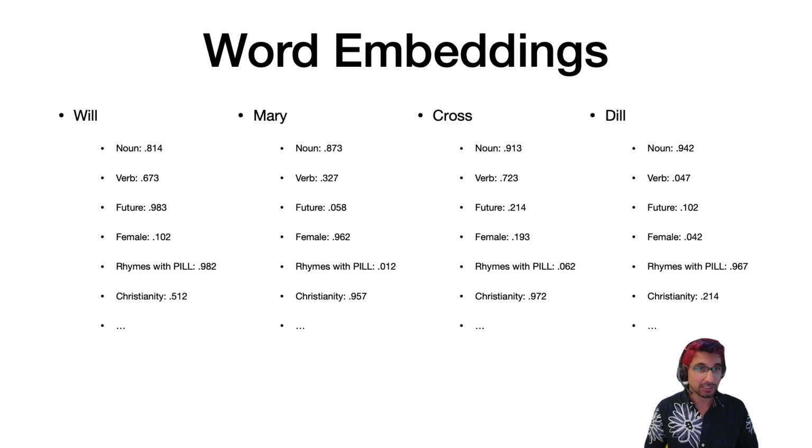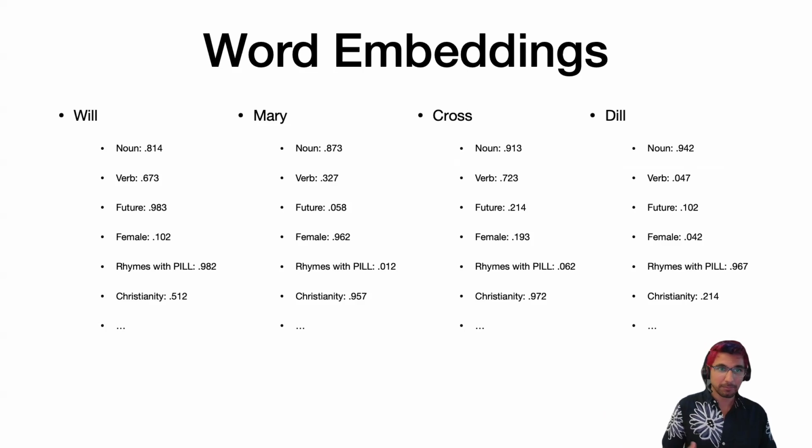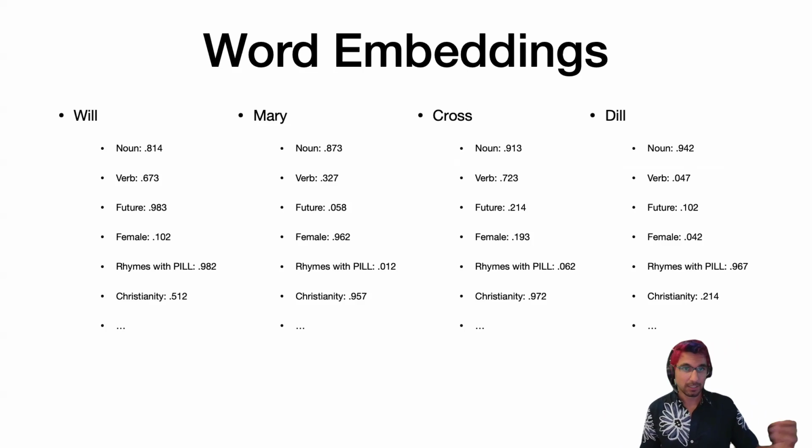So all of these words are fairly high in the noun dimension. Some of them may be a bit less because they might be sometimes nouns, sometimes other things. Will and cross are sometimes verbs, so they're pretty high in the verb dimension, while dill and marry are much lower. Some of them have some futureness to them or some femaleness to them. Note that there's going to be thousands of these different aspects of a word.